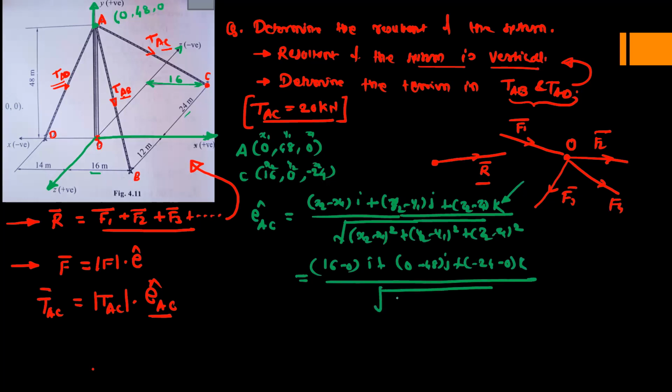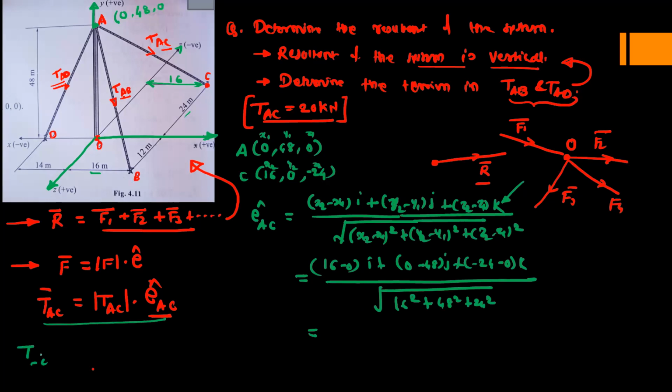So it is 16 squared plus 48 squared plus 24 squared. Calculate this value and then use this formula.